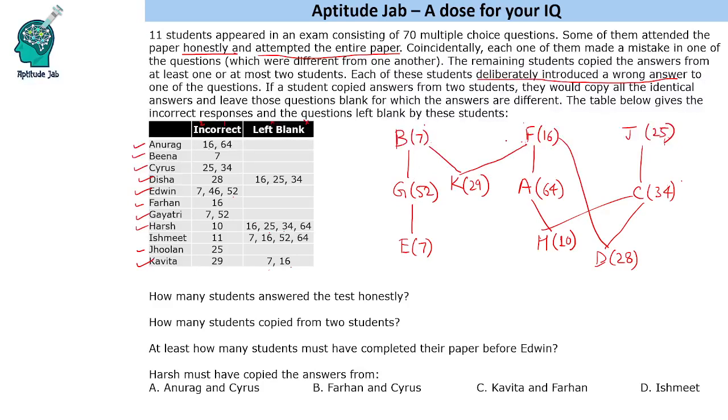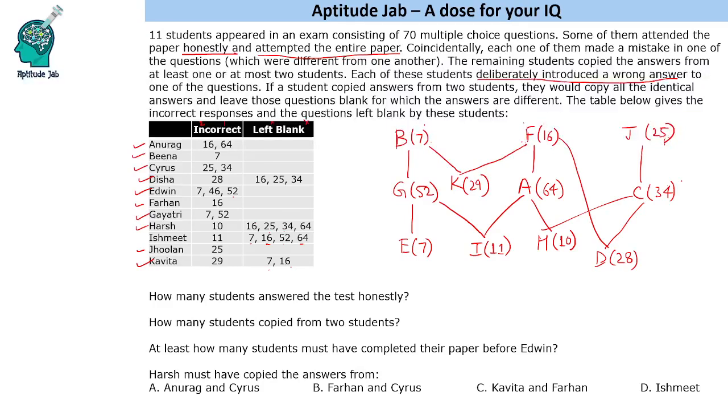So this means this must be from these two people. 16 and 64 incorrect from here, and 7 and 52 incorrect from G. So this copied from here, and Ishmeet made an error in question number 11. So this is how we will get the diagram of who copied from which person.